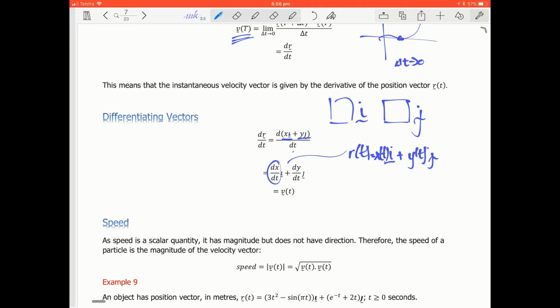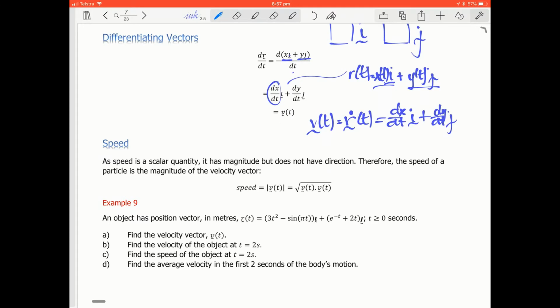So we just differentiate them independently, our i component and our j component, with respect to t. Now generally we say v of t is equal to r dot of t. So that means the first derivative. So that'll be dx/dt i plus dy/dt j.